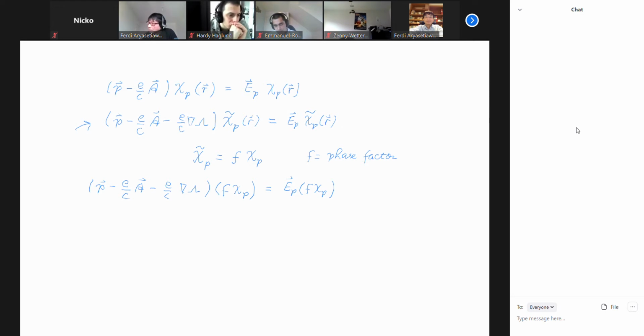Now we have to be a bit careful, because p is the momentum operator, and in the position representation that is a gradient.